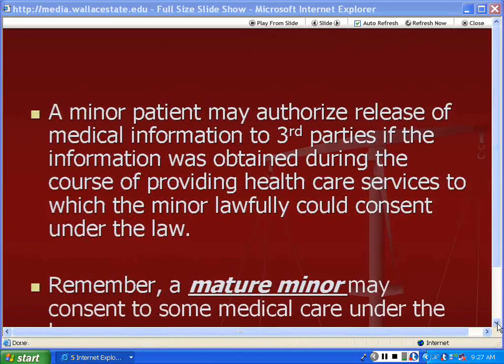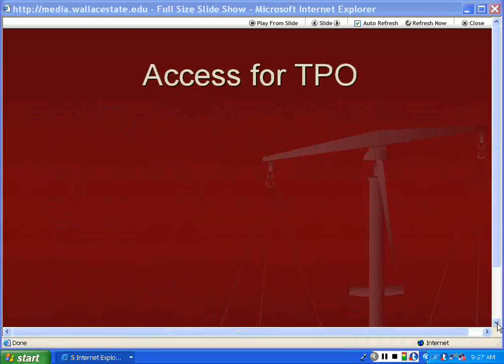In that particular case, for treatment of drug and alcohol abuse or dependence, they're mature under the law and can consent. So that's the difference in that terminology: mature minor, an emancipated minor, and an unemancipated minor.